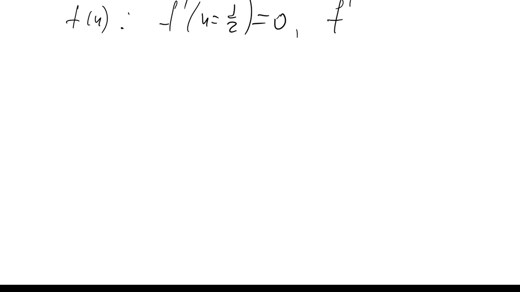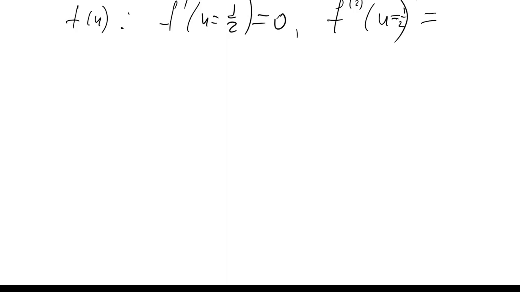So the first observation is we have f of u, which generates our map, and we know that the derivative of f when u equals half equals 0. Yeah, so it was a maximum in our logistic map. Then we can say, if we consider the second iterate and take its derivative when u equals half, it will also be 0, because it's again symmetric and there is an extreme point.